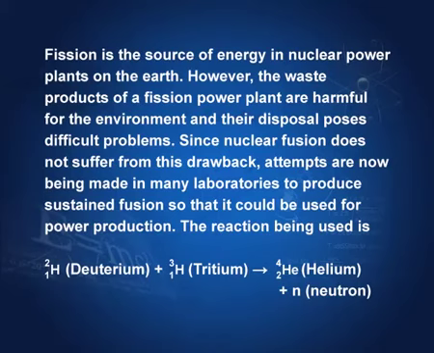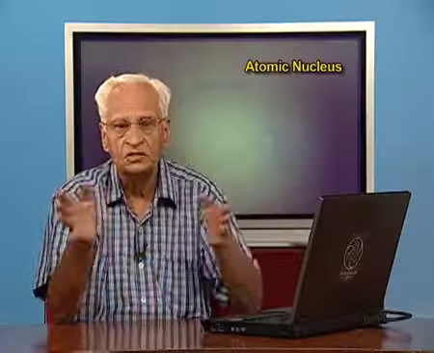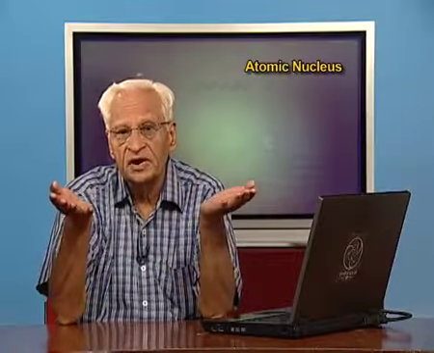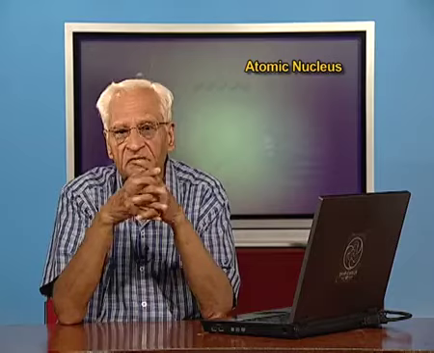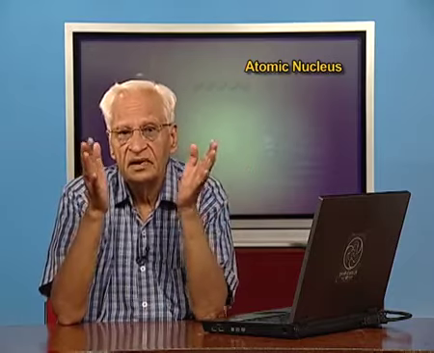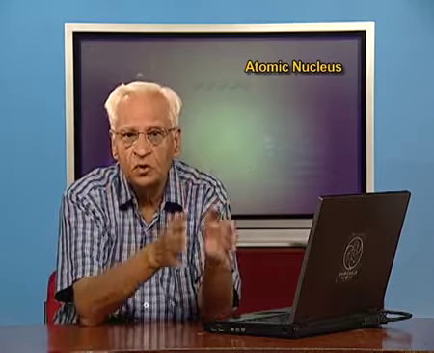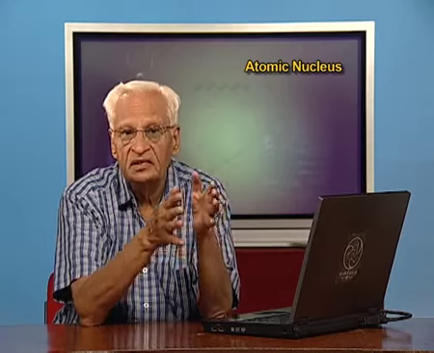Fission uses uranium 235 to break and give you the energy. However, the waste products of a fission power plant are harmful for the environment, because they are also radioactive, and they remain radioactive for a very long time, and it is a difficult process to dispose of them so that they are safe.